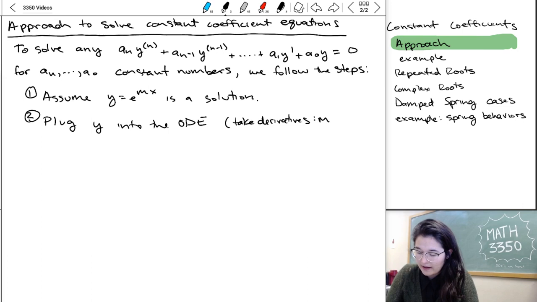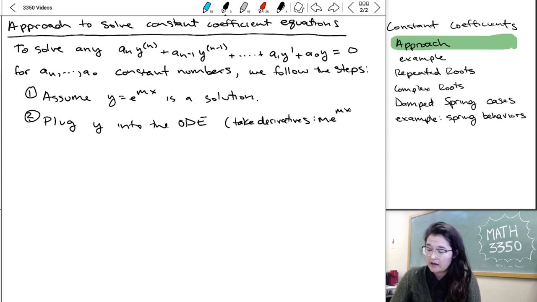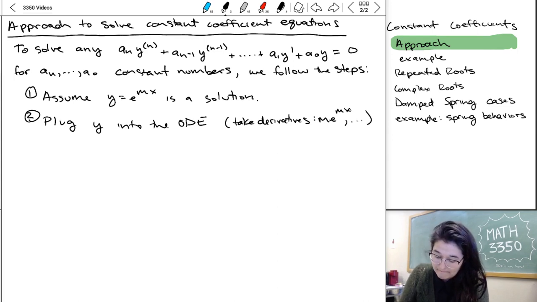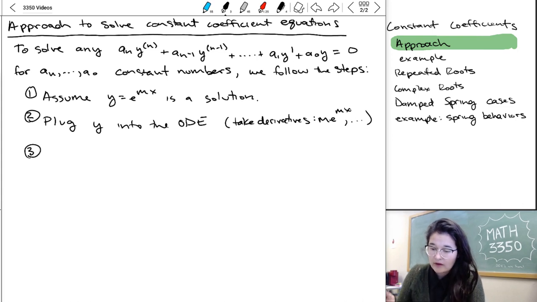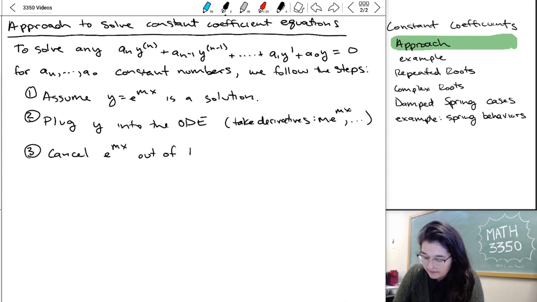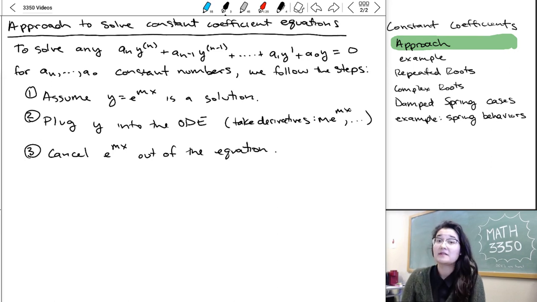So that's going to be like m e^(mx) for y prime, and you keep going for however many you need for this particular problem. And then once everything's plugged in, you're going to note that you can really easily cancel e^(mx) out of your equation. That happens every single time for this type of problem. If it doesn't, something went wrong.